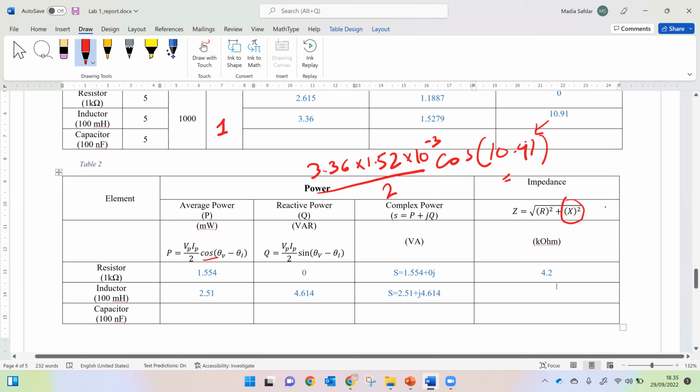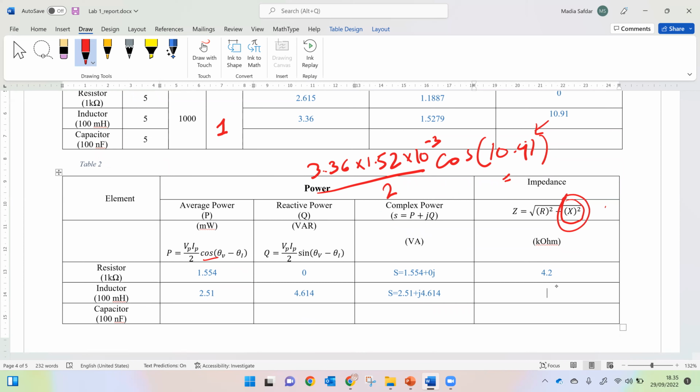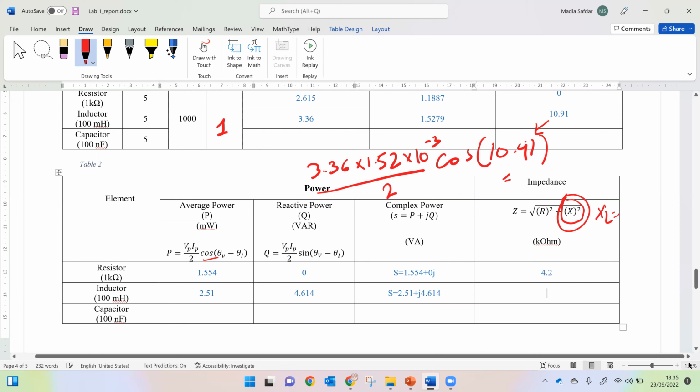Okay, for this one we now have X. X_L is equal to j omega L. So omega is 2 pi f, into L. So 2 pi multiplied by 1000 multiplied by the inductance, which is 100 into 10 to the power minus 3.